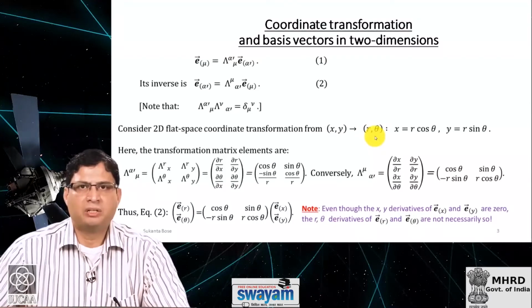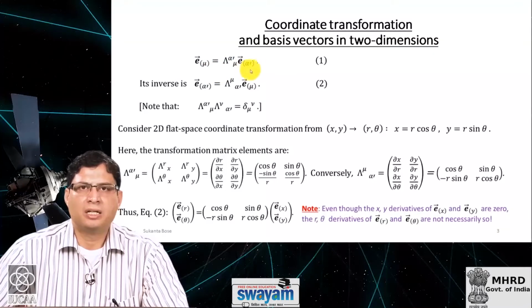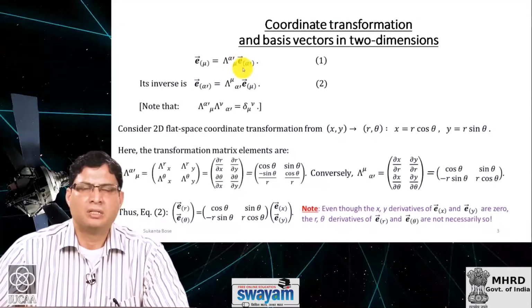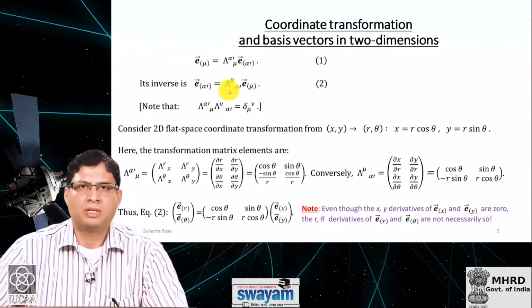But because we are dealing with Christoffel symbols, let us recall that under any coordinate transformation, and not just Lorentz boosts, you can relate the basis vectors in the S prime frame to the S frame, or the unprimed frame, in this fashion, where again there is a summation over alpha prime. The inverse of this coordinate transformation, you can convince yourself, is expressed as in equation 2.